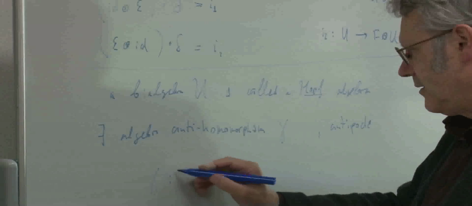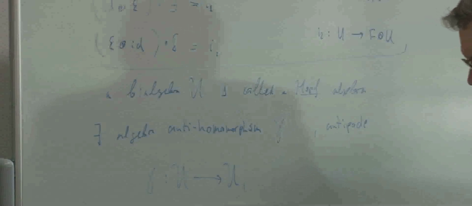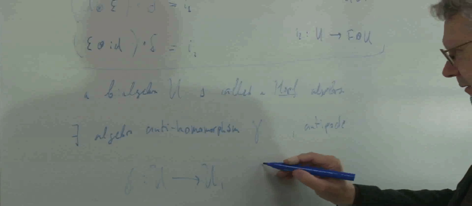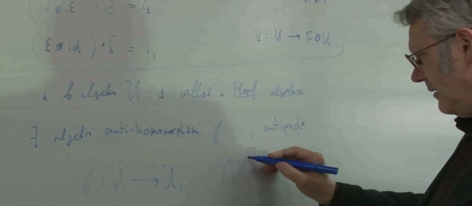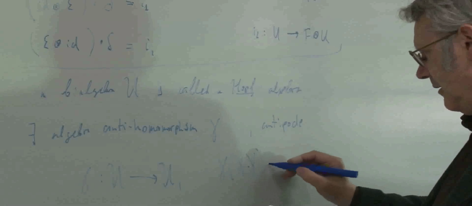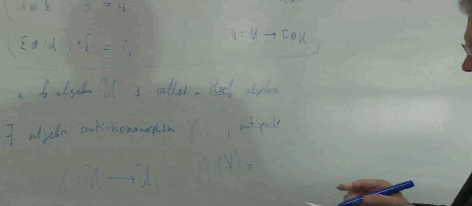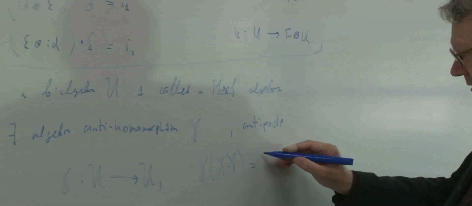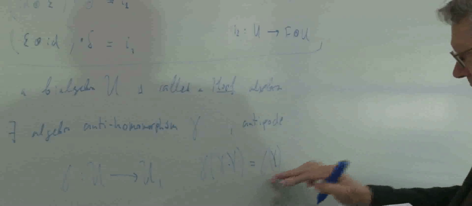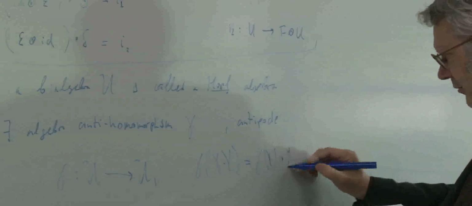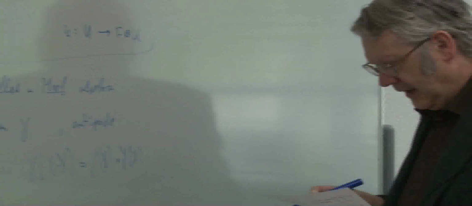Anti-homomorphism means that, first of all, of course, it is from U to U. And it means that if you have the product of two elements in the algebra, the result will be the action in the opposite order. So you first take gamma of y and multiply with gamma of x, in the opposite order.